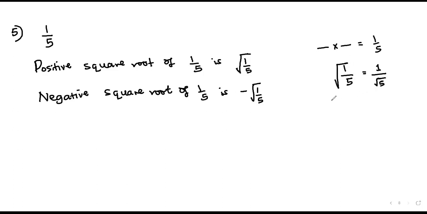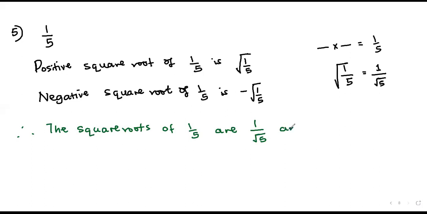So we can say that, therefore, the square roots of 1 out of 5 are the positive square root, which is 1 out of the square root of 5, and the negative square root, which is negative 1 out of the square root of 5.